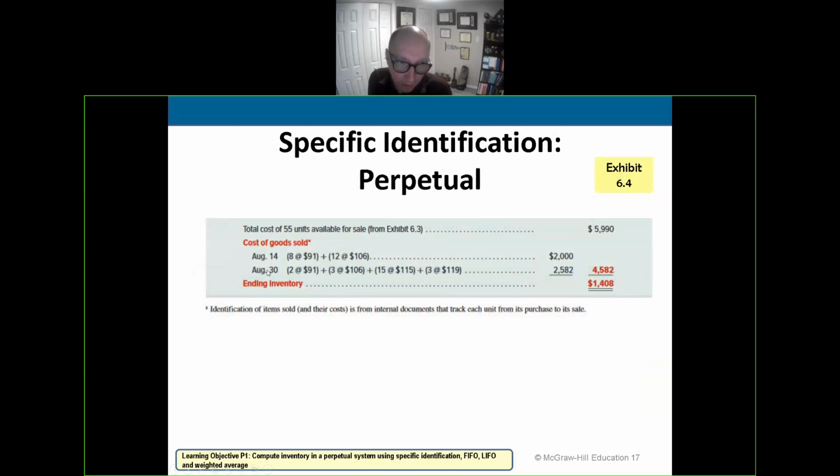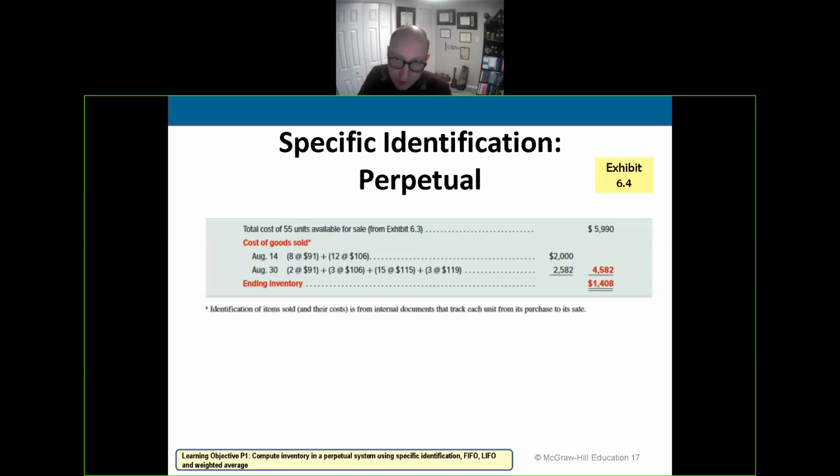And then on August 30th, sold the remaining 2 from the beginning balance. Sold 3 more from that first purchase. Sold 15 more from that second purchase. And sold 3 more from that last purchase to get the cost of goods sold.